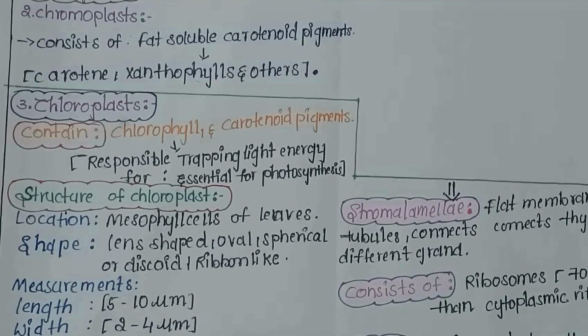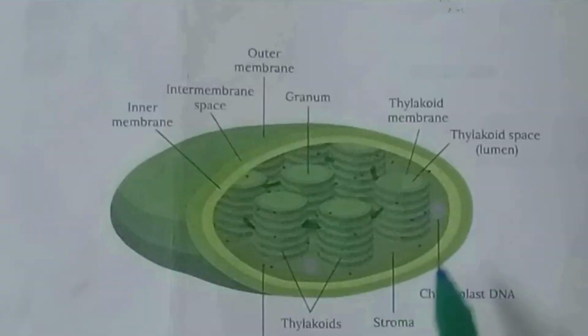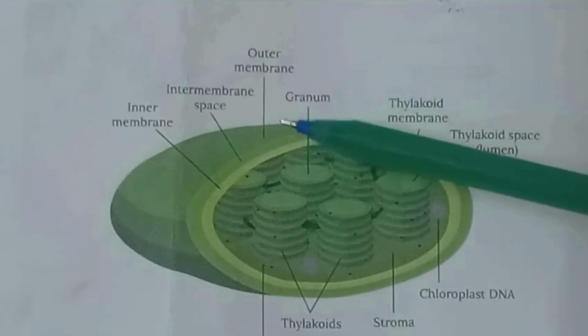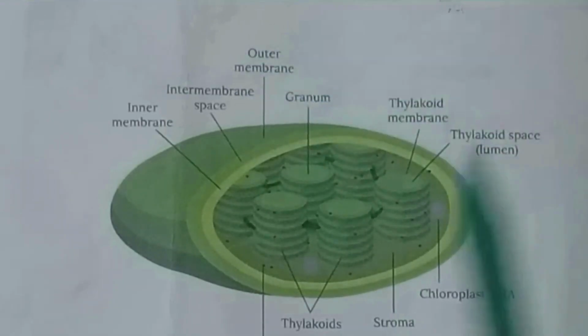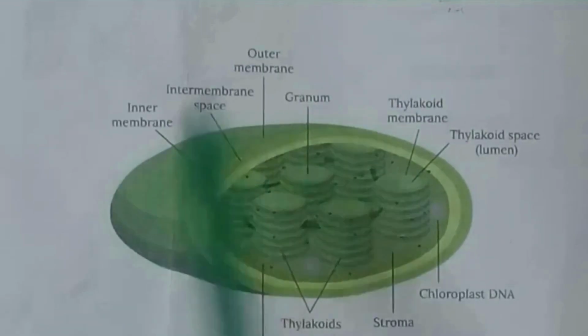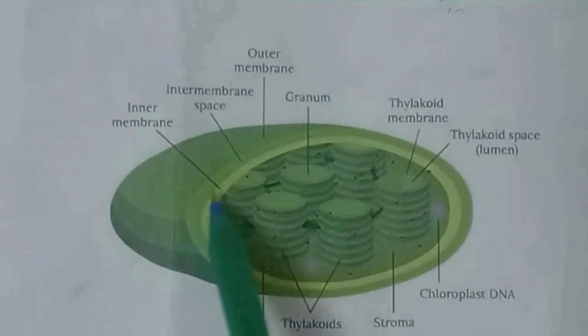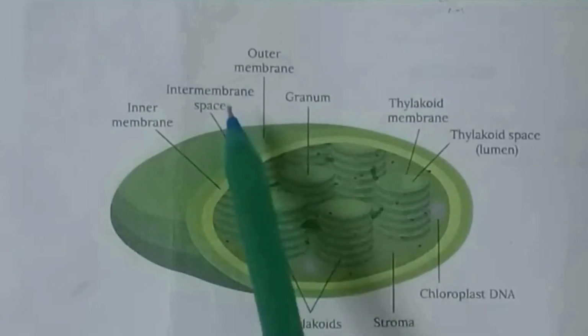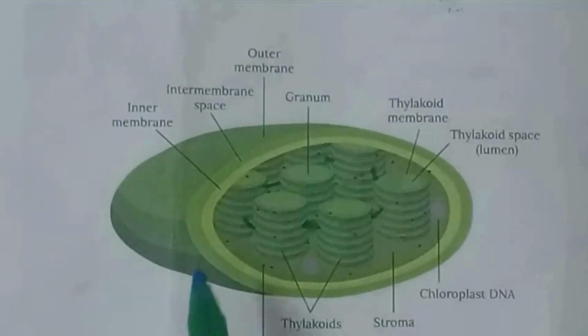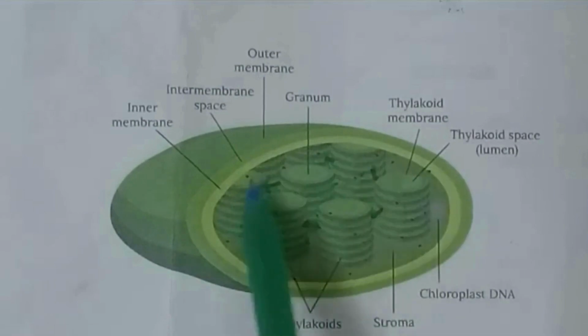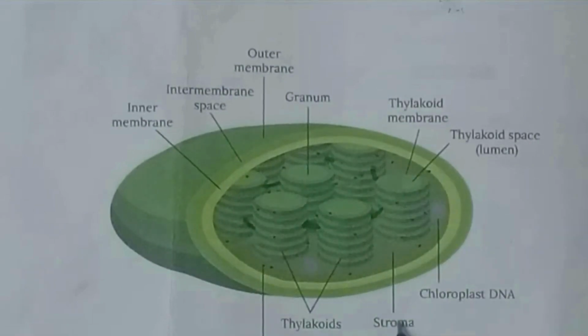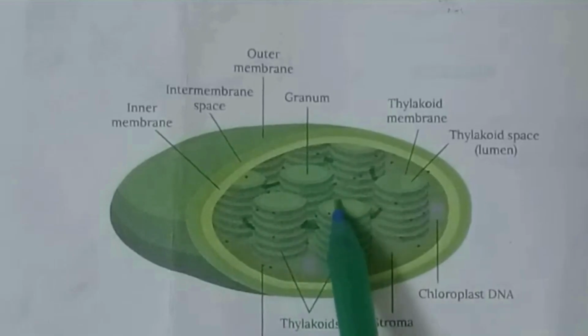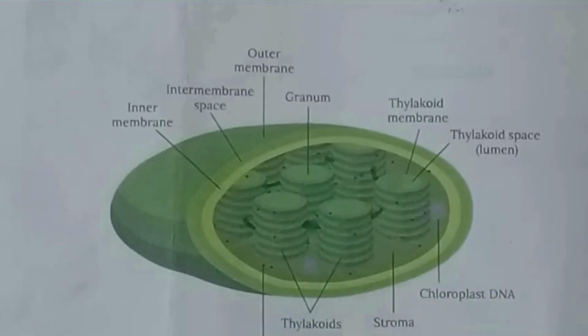Let's discuss the structure of chloroplast with the help of a diagram. Here, the chloroplast is a double membrane organelle which consists of an outer membrane and an inner membrane. Between the outer and inner membrane, there is a space known as the intermembrane space. Inside the inner membrane is the fluid-filled space known as stroma, which contains a number of flattened membranous sacs known as thylakoids.